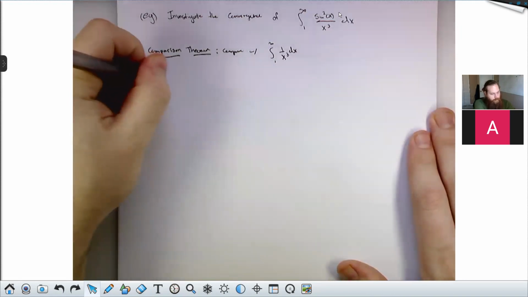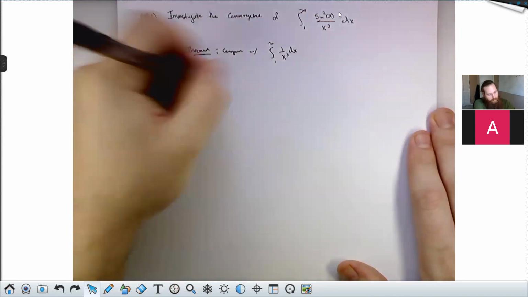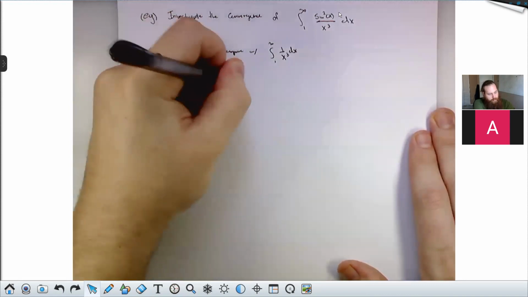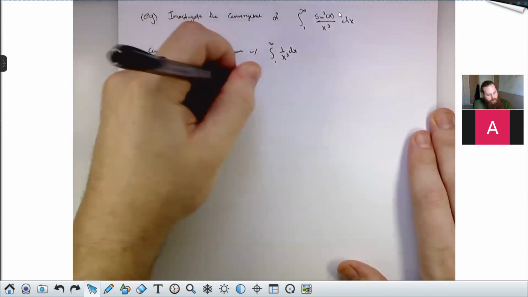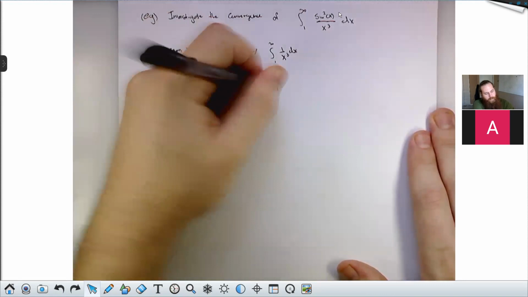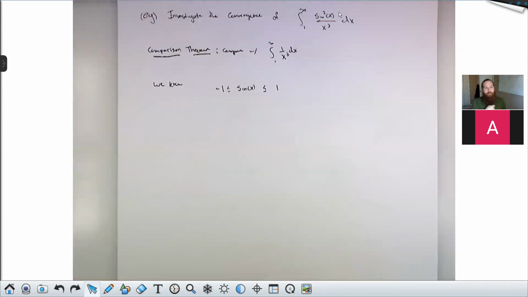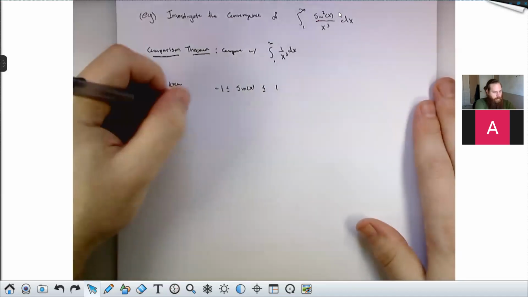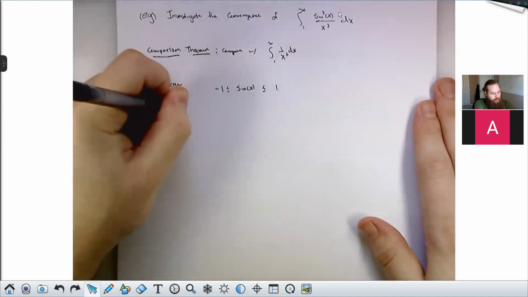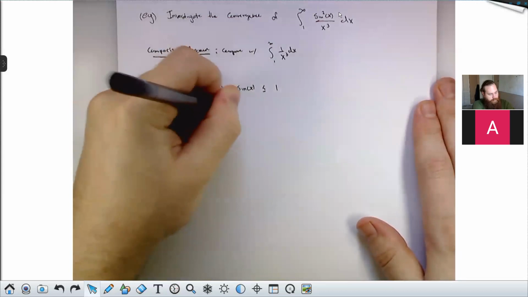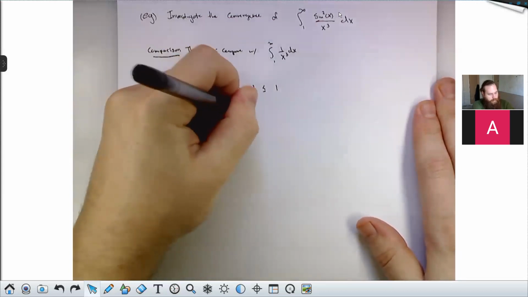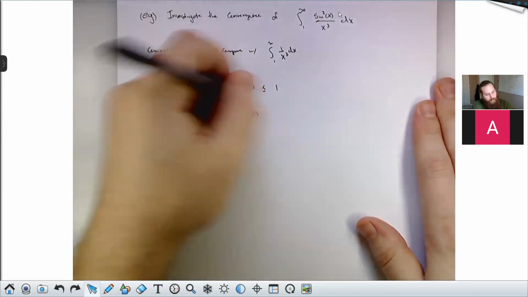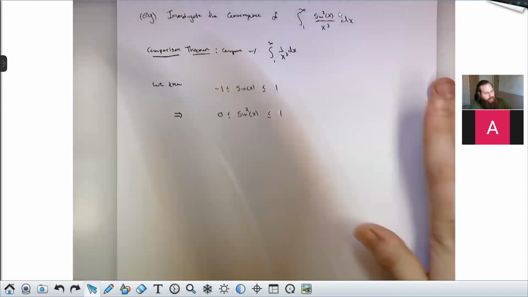So we know that sine itself, sine x, is always trapped between -1 and 1. And this implies that sine squared is always trapped between 0 and 1.